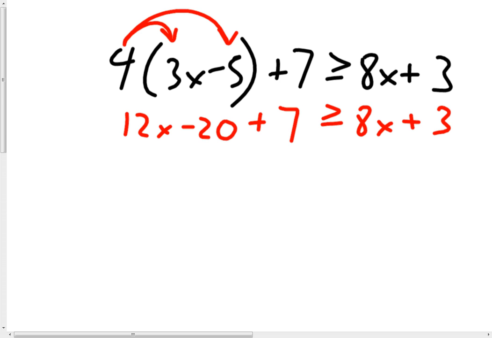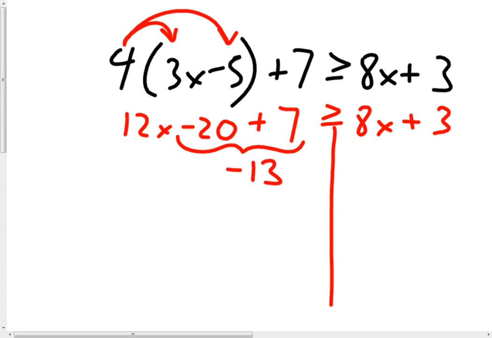Combine what you can. Put your wall in. If anything's on the same side of the wall, you can combine it. So let's combine negative 20 plus 7. What is that? I still have my 12x. Now I've got minus 13. This is still greater than or equal to.